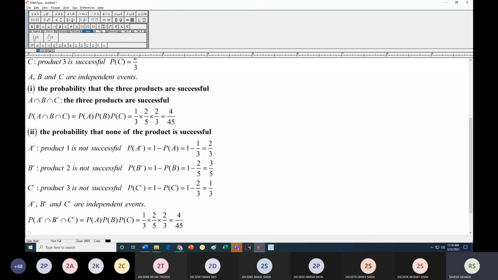Since they are all independent, from joint probability it will be probability of A complement, probability of B complement into probability of C complement, that is 2 by 3, 3 by 5 and 1 by 3. So answer is 6 by 45. Is that okay? Simplified form says 2 by 15. Any doubt?